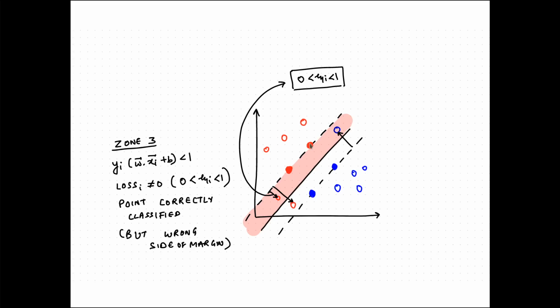So we say that this particular point will be cut some slack or will be penalized by an amount psi of i. In this example, psi of i will be something between 0 and 1. The reason it is between 0 and 1 is the following. The equation of the top margin is wx plus b equal to 1. The equation of the separating hyperplane is wx plus b equal to 0.